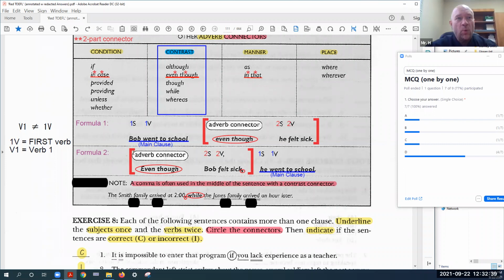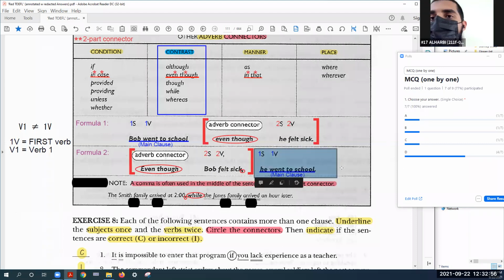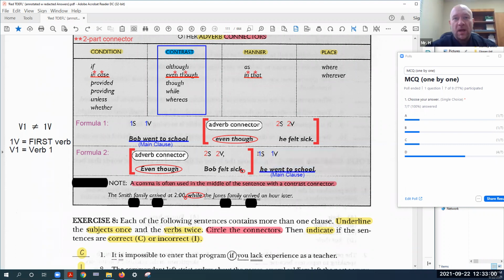Now, why am I putting 2 and 2, second subject, second verb, here, but over here I put first subject, first verb? What's the reason? To know if it's for the main clause or the adverb clause.